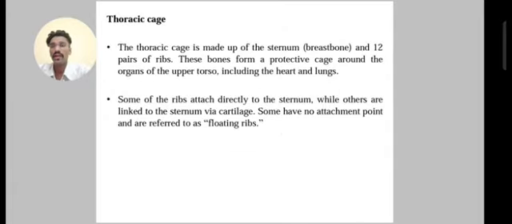Thoracic cage. This is the last part of the axial skeletal system, which has 12 pairs of ribs enclosing the thoracic cage and the organs, listed as lungs and heart.